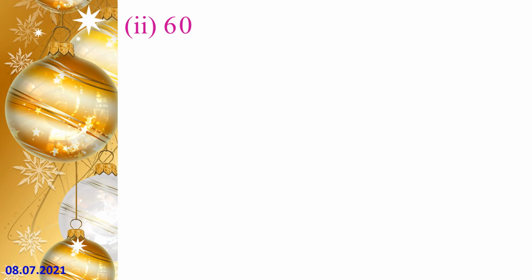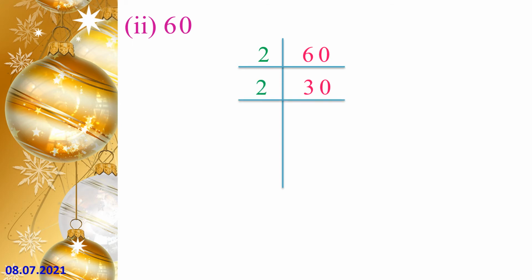Next one, 60. Now we want to find the factors of 60. So let us take 60 as the dividend. Now 60 is divisible by 2 because it's an even number. So let's divide 60 by 2, we get 30. Next, 30 is also an even number, so 30 is also divisible by 2. Now 30 divided by 2, we get 15.